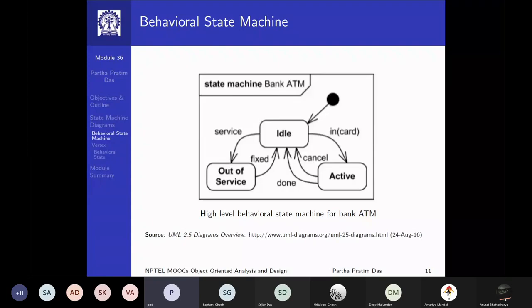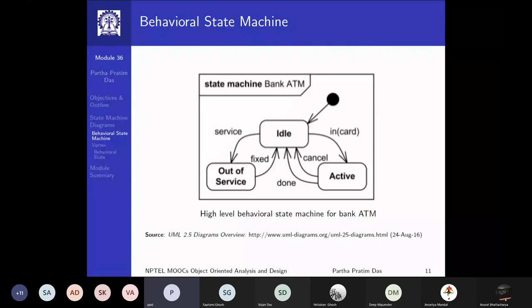Now, obviously, if you think about, at least primarily, the active state, you will be able to reason that the active state could have a number of states that it will go through. Like being active, say, is tapping on the screen, then there is a state where the card is put in or not put in.